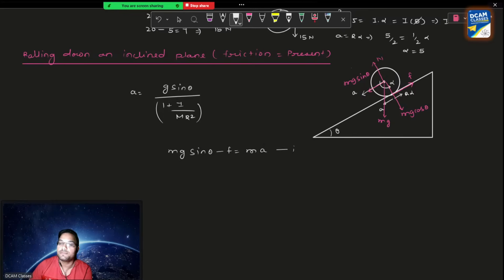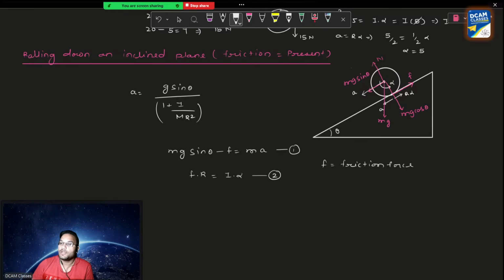This is the first equation. Now the torque equation: F into R will be equal to I into alpha. This is my second equation. Torque of friction force about the center, F into R, is equal to I alpha, where don't forget F is the friction force. mg sin theta minus F is equal to ma is the normal translation motion equation.